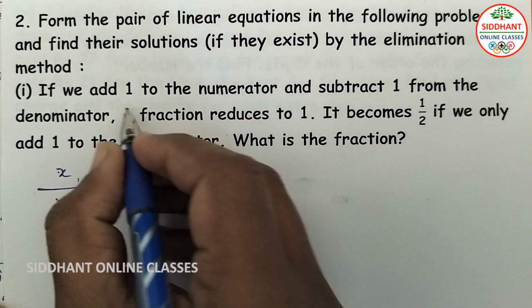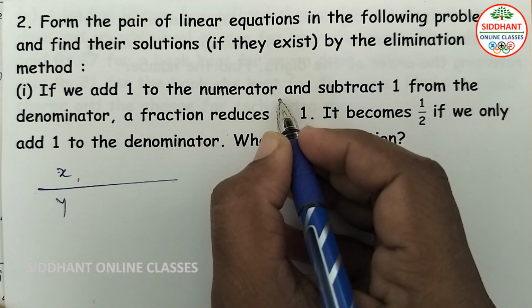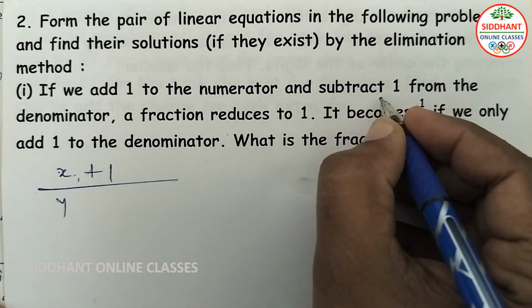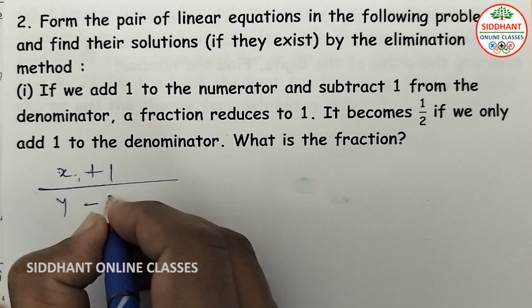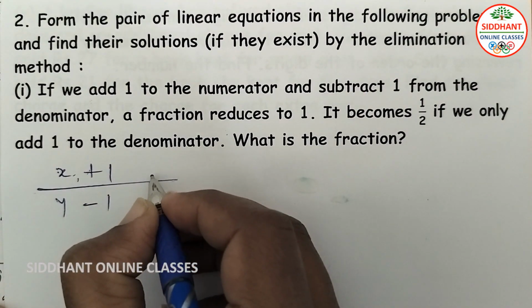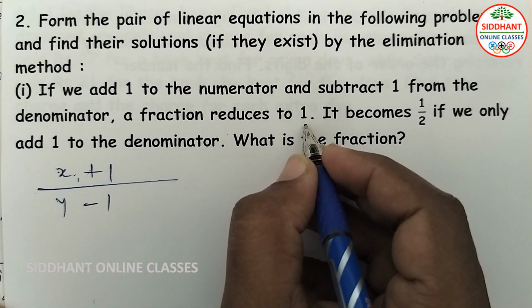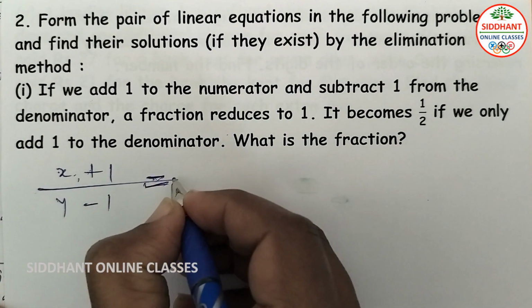In the first case, if we add 1 to the numerator, that means x plus 1, and subtract 1 from the denominator, we get y minus 1. Now a fraction reduces to 1, which means it is equal to 1.